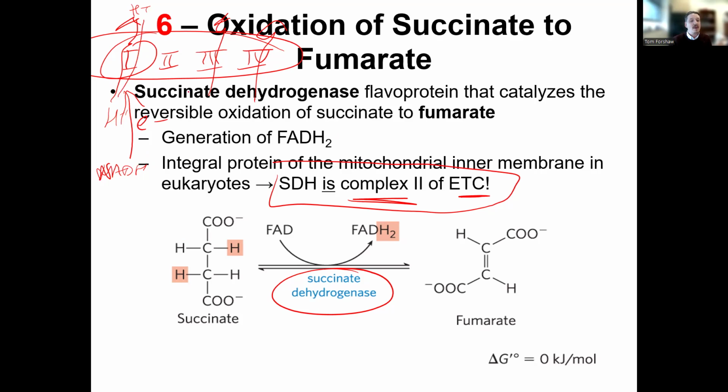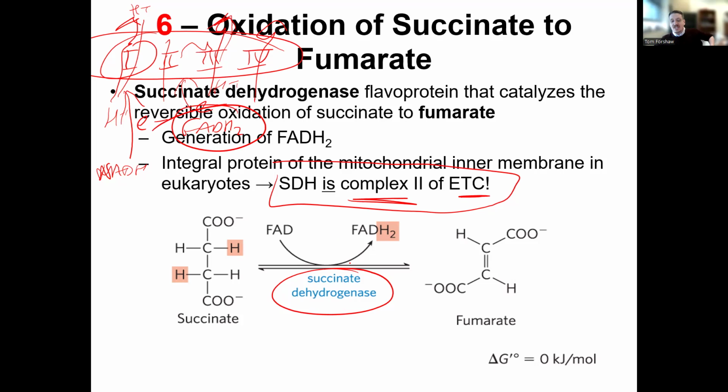And what happens with complex 2 is that it receives electrons from FADH2, but it actually doesn't pump protons. It just receives them but passes them to complex 3, which then does some pumping of protons. I almost started drawing an arrow there, but complex 2 only receives but passes to 3, which does the pumping. Nonetheless, it receives electrons from FADH2.